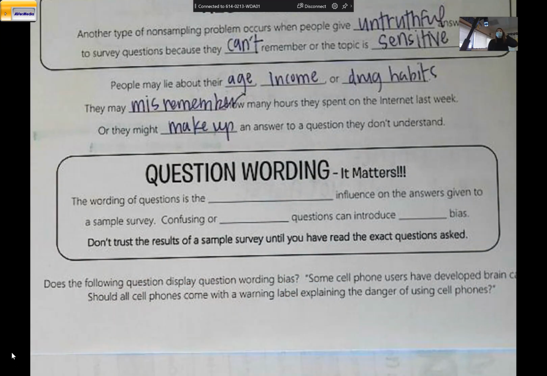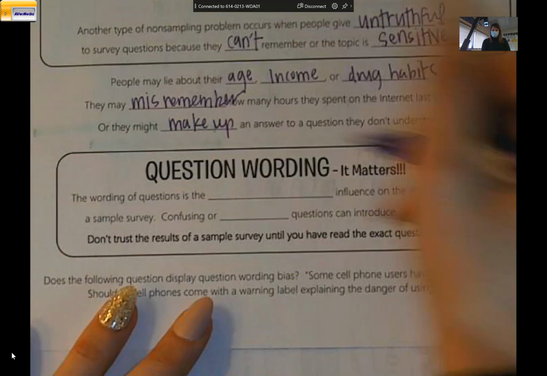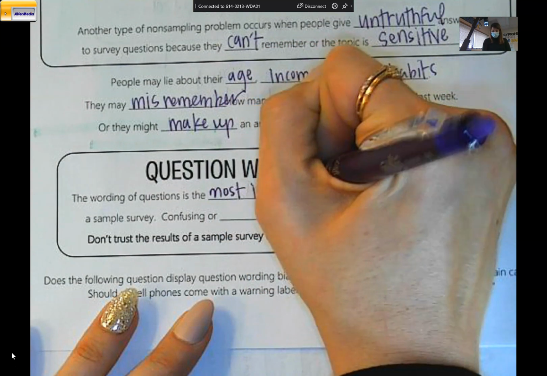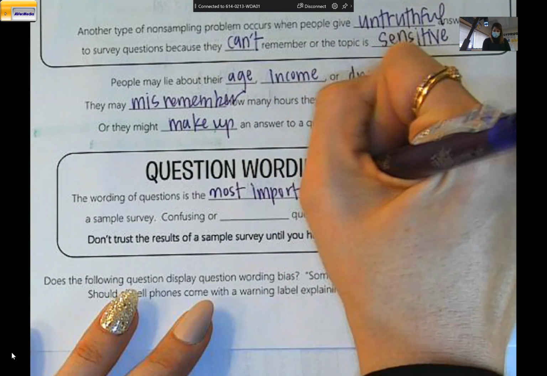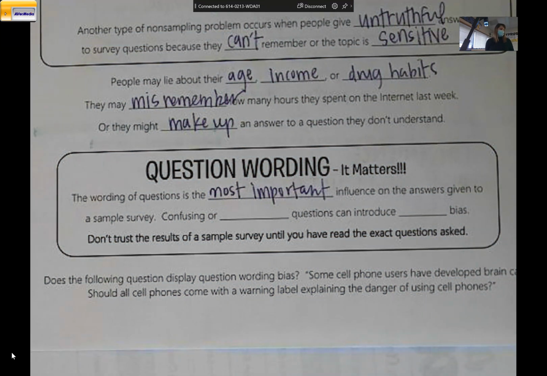Then the last one is question wording. The wording of questions is the most important influence on the answers given to a sample survey. So remember, a sample survey is when we ask people questions.